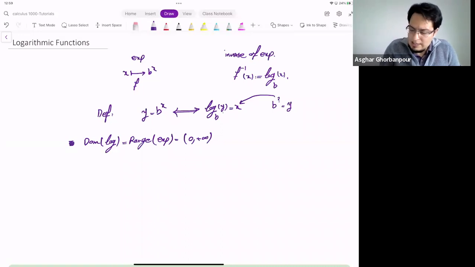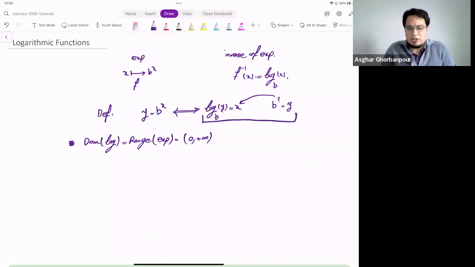So what was the b? This is the definition of log. Someone is asking you what is log of y base b. It means find the number that, when you put it in the exponent of b, you get that number y.